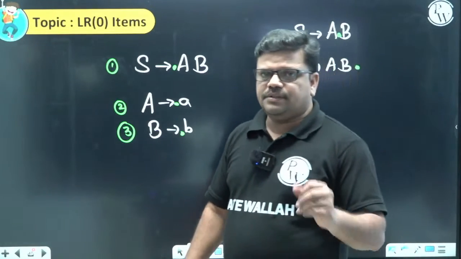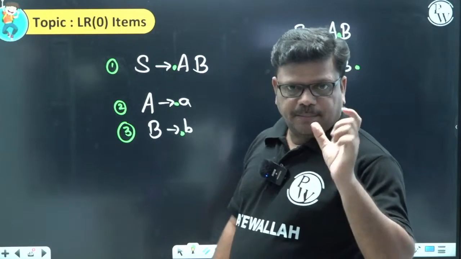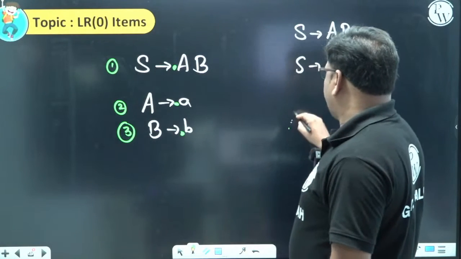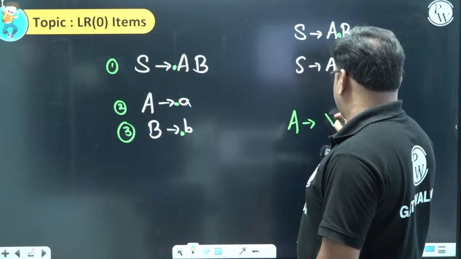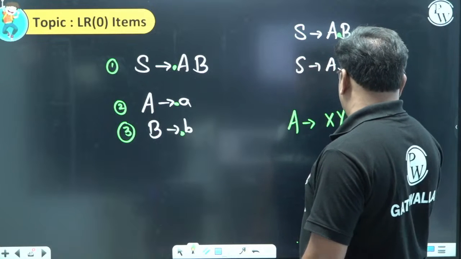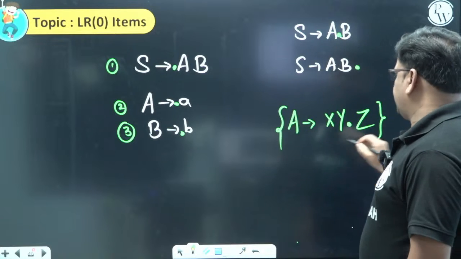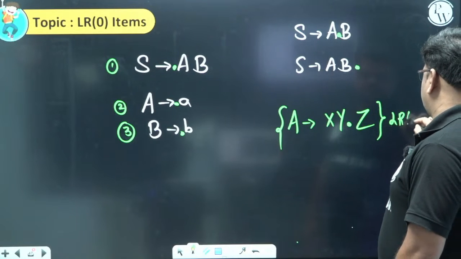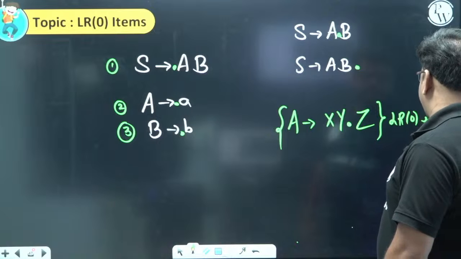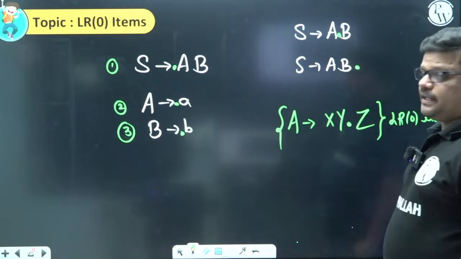Understood the concept of this? An LR0 item gives a particular meaning to the parser. Whenever you have an LR0 item like this, it gives a particular meaning to the parser.